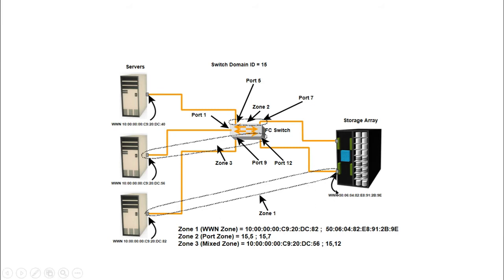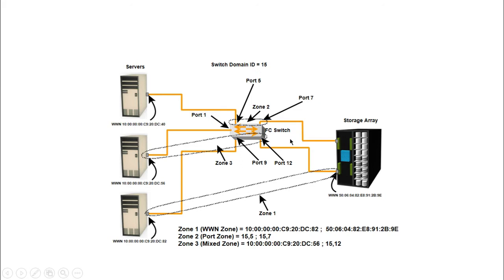It uses the worldwide names of the storage array as well as the servers. So this is a worldwide name zone, which uses only the worldwide names to form one zone. So zone 1 is a WWN zone which uses the worldwide names of the server and the storage array.